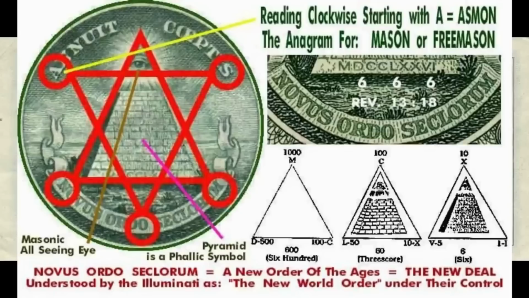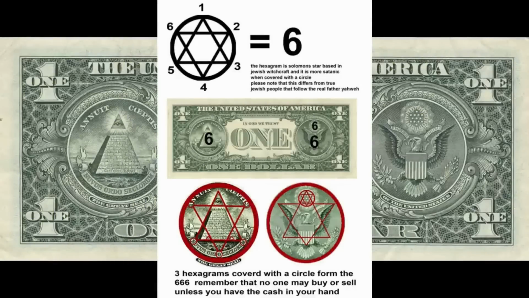Now, as you all know, Dan, Revelation 13:18 says that the number of the beast is 666. Because you see, ladies and gentlemen, that cluster of stars hold the first hexagram.